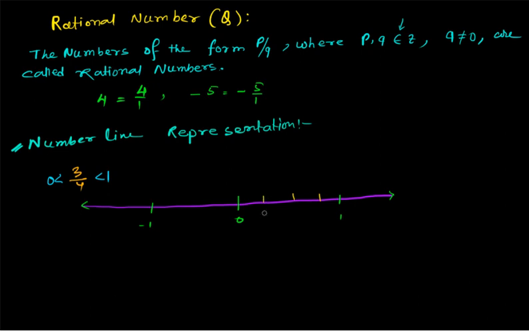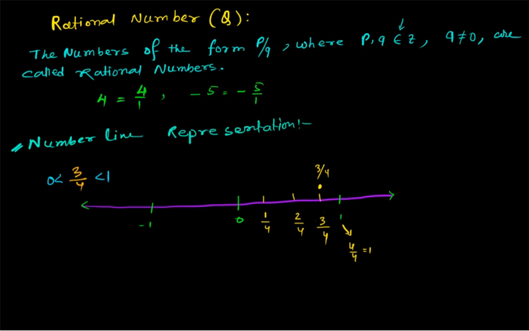So each part represents 1 by 4. So this is 1 by 4, this is 2 by 4, this is 3 by 4, and this is actually 4 by 4, which is equal to 1. So I need the number 3 by 4. So this is the number we need. So this will be the representation on the real number line.